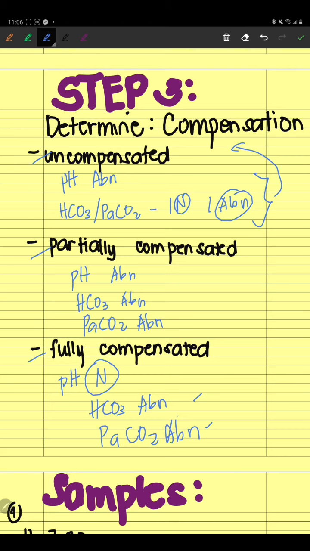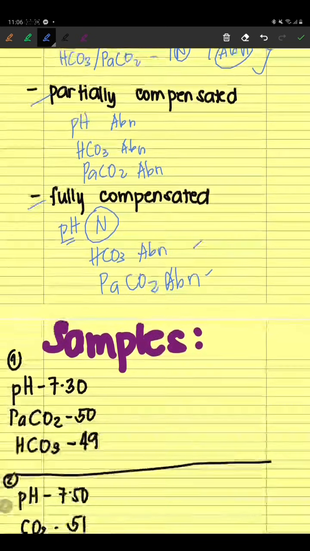You will never encounter the situation where both are normal while the pH is abnormal, because in this case there should be compensation. There is always compensation. If something there is abnormal, it will always affect the pH.